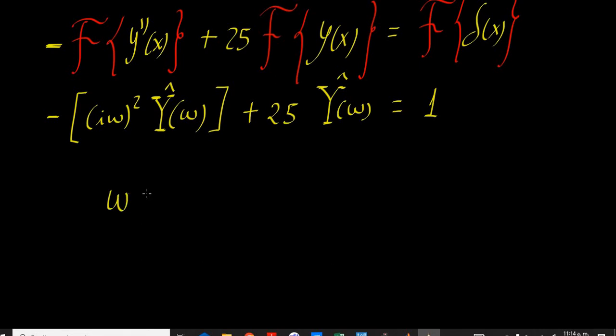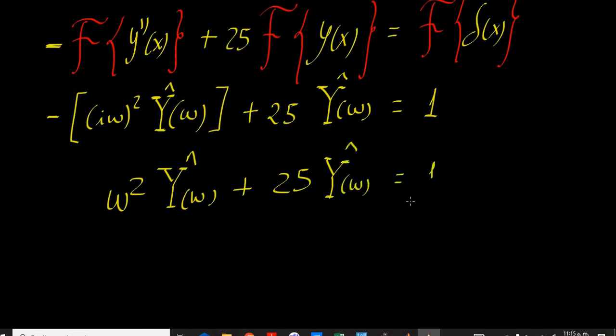So this is w squared Y of w plus 25 Y of w. Y is what we are looking for, so I can isolate Y. This is equal to 1 over w squared plus 25.